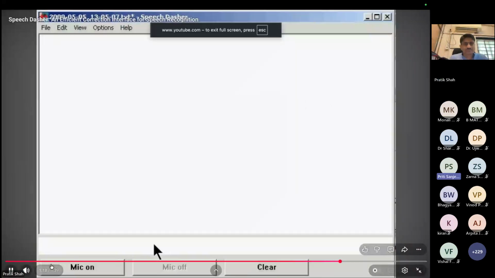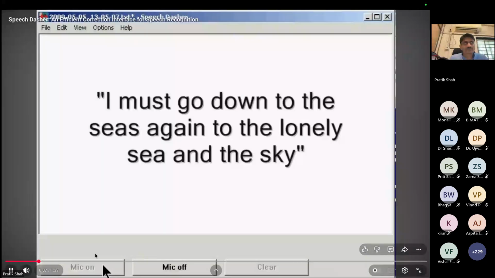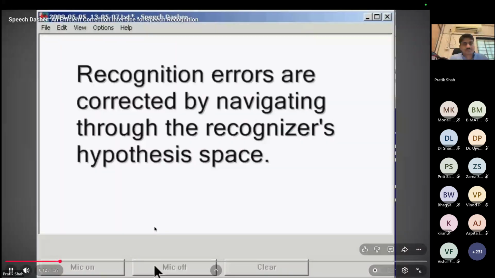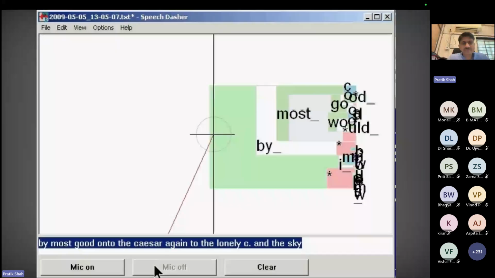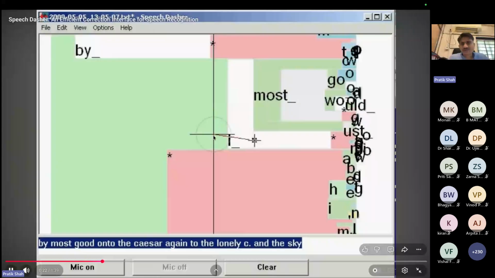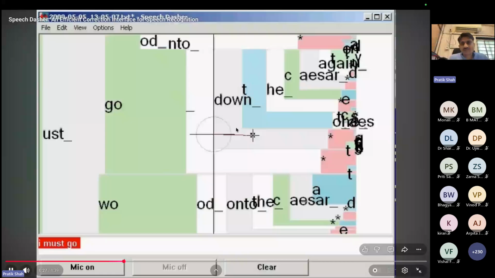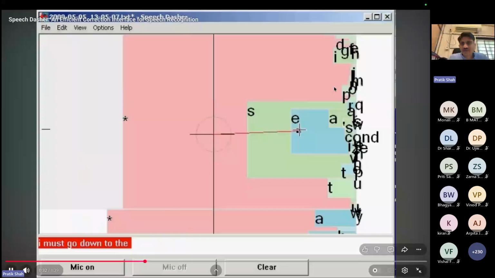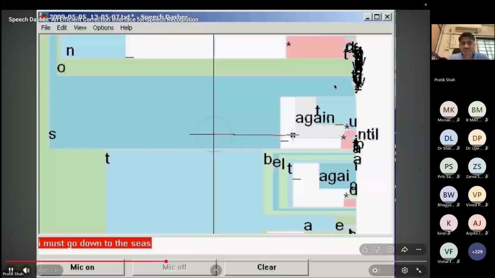Yes, now it is visible. So what you see is now it will start writing on the interface. You see a crosshair, and there is a cursor, the plus sign. It starts traveling, and wherever you go, on the right side, rectangles of different sizes appear, and the sizes are proportional to the probability with which they would come next.